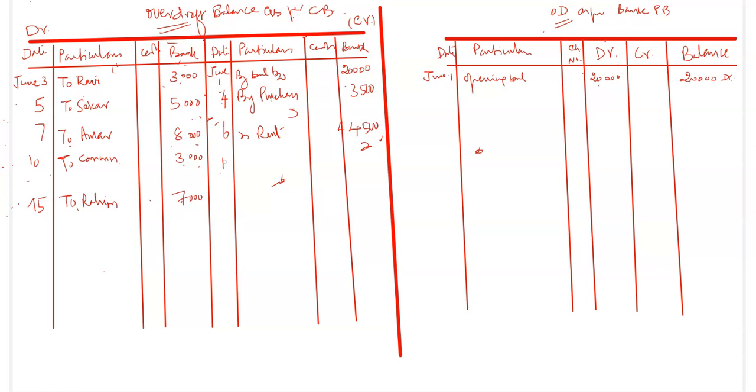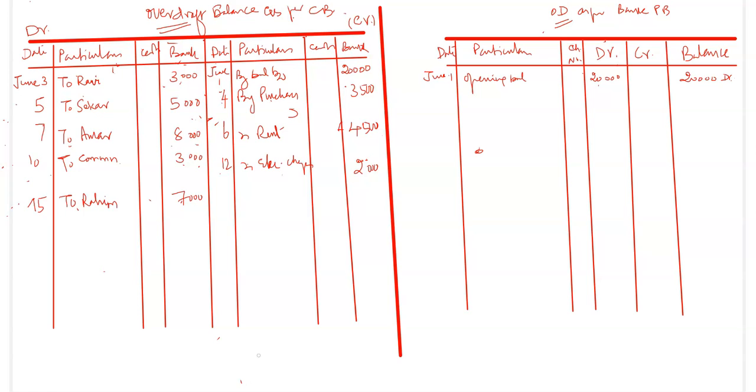And on 12th, by electricity charges, let us imagine 2,000. So how would this appear in the passbook?